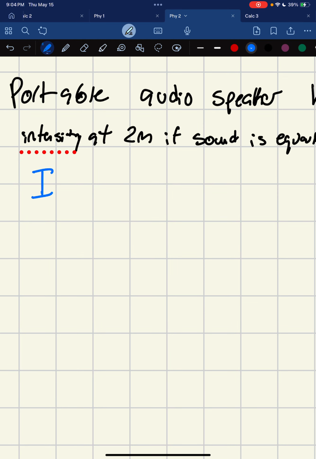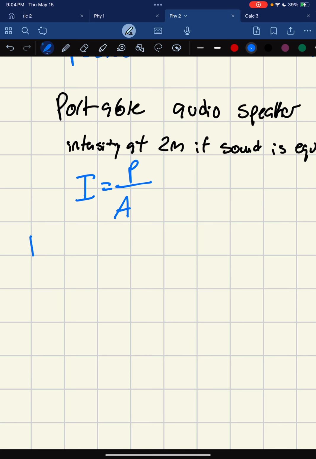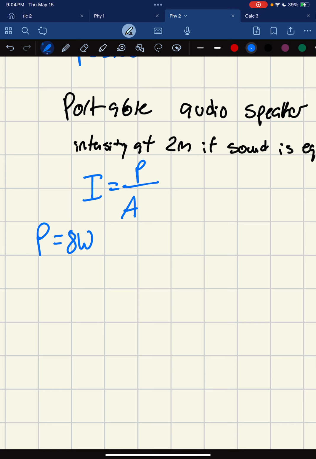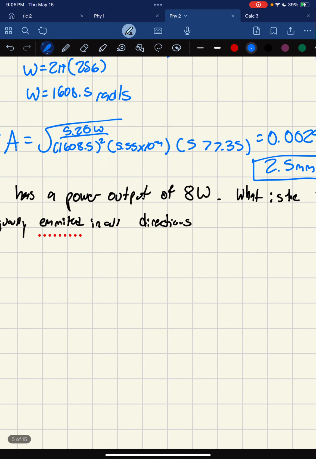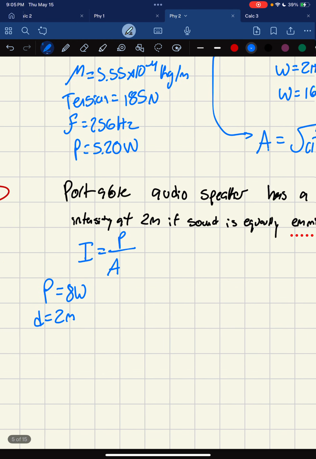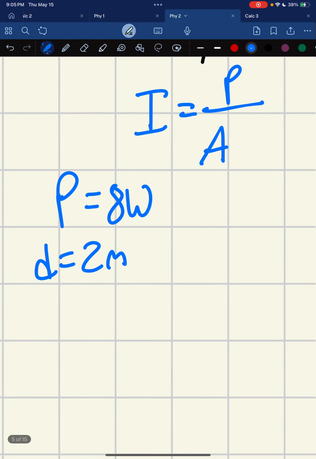So I know sound intensity is found as the power divided by the area. And in this question, I'm given the power, which is 8 watts, and the distance, which is 2 meters, and this will actually be my radius since it's emitted in all directions.